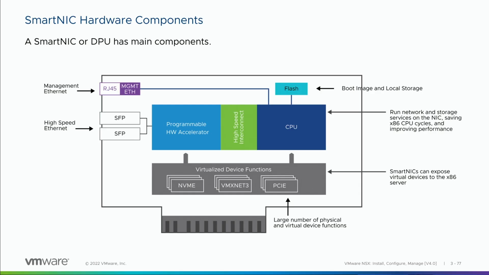So we can offload a whole lot to these SmartNICs. So what does one of these SmartNICs look like? And it doesn't matter whether we're looking at an NVIDIA SmartNIC or a Pensando SmartNIC. They're going to have the same approximate architecture here, like what we're showing on the screen, where we've got our network ports, and those network ports are attached to a hardware accelerator and a programmable accelerator, which is driven by a processor on the SmartNIC itself.